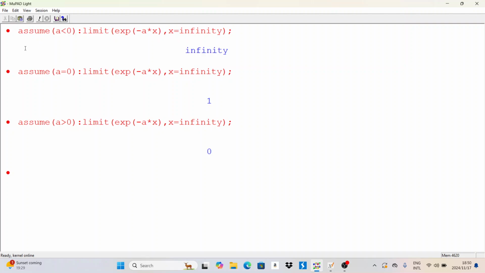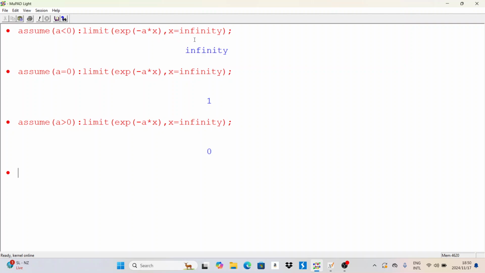Yeah, so we use the assume function because they said we must use the assume function. For a less than 0, and then we have our semicolon, then we have a limit. For exp, and then to the power of minus a times x, because that's what we are given, comma. This comma now states the condition.